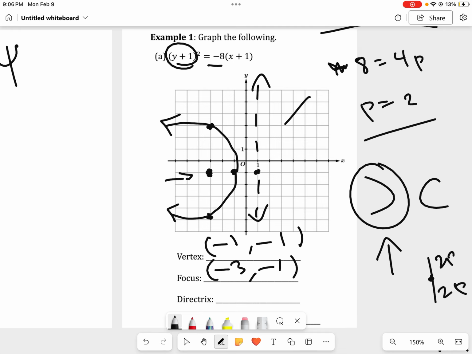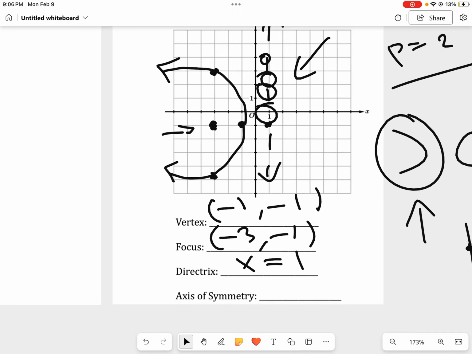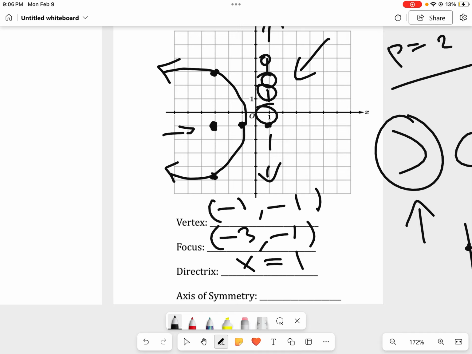And our directrix, this line right here. Notice that the x value stays the same. So like this is 1, this is 1, 1, 1, 1. The x value stays the same, so it's just going to be x equals 1, because that's what it's staying the same at. Oh, nope, axis of symmetry. You just see where it's symmetrical right here. Boom. That is y equals -1.